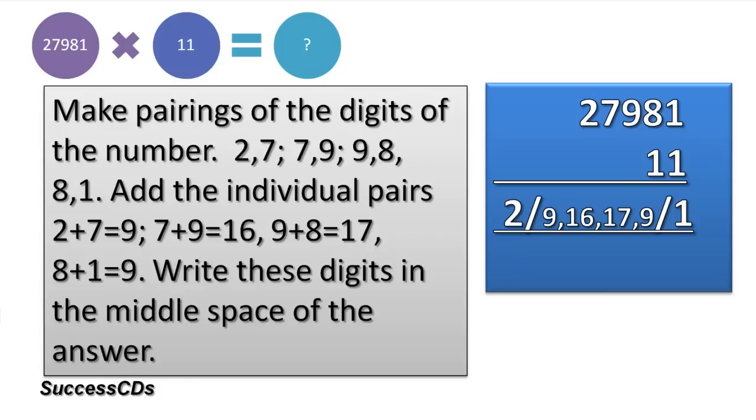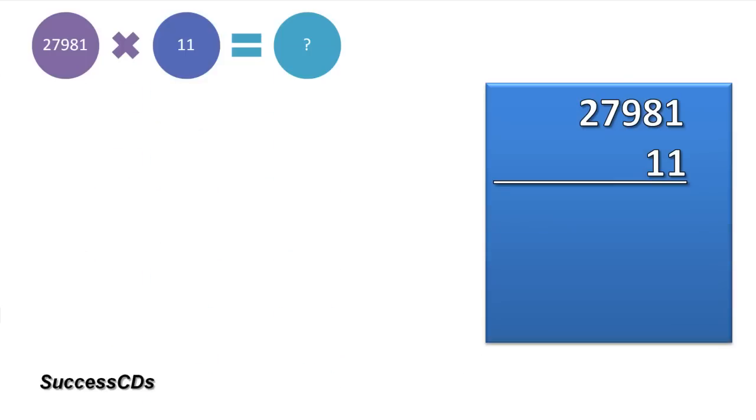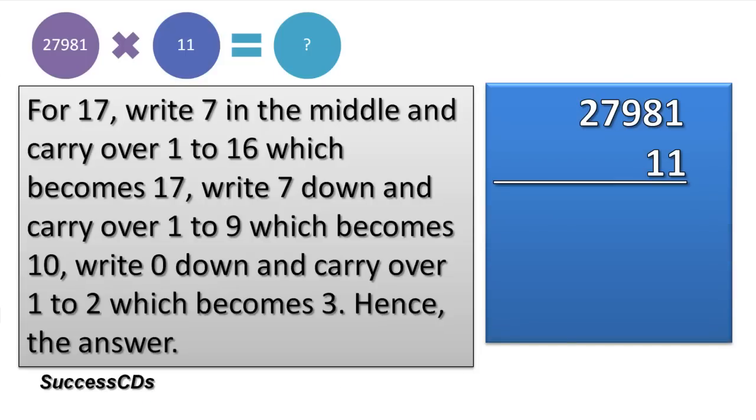Now here again we have some numbers which are 2-digit numbers, so we have to carry over. Now what we will do is, from 17 we will write 7 in the middle and carry over 1 to 16. Then again from 16 which becomes 17 we will write 7 down and carry over 1 to 9 which will become 10.